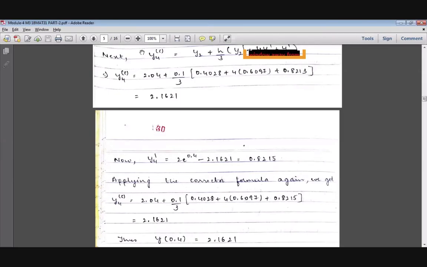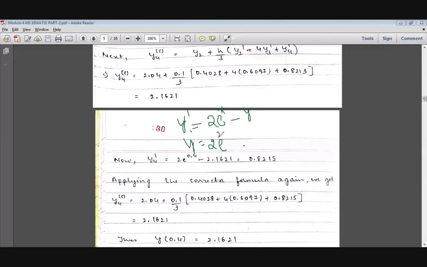Previously, y dash equal to 2 e power x minus y. This we had. Now y4 dash will change to 2 e power x4 minus y4 of c.